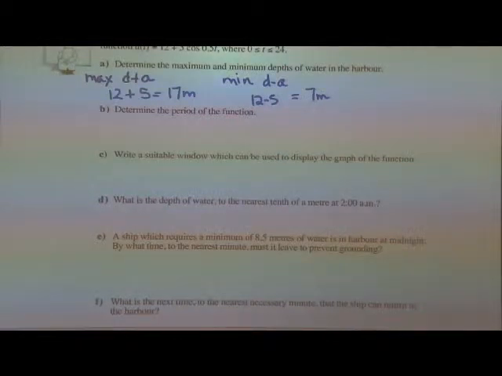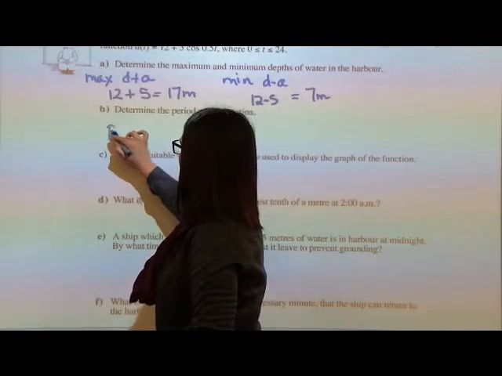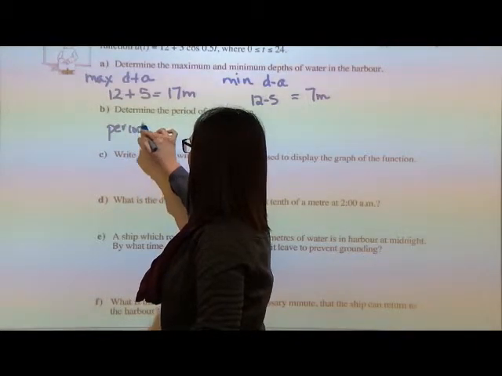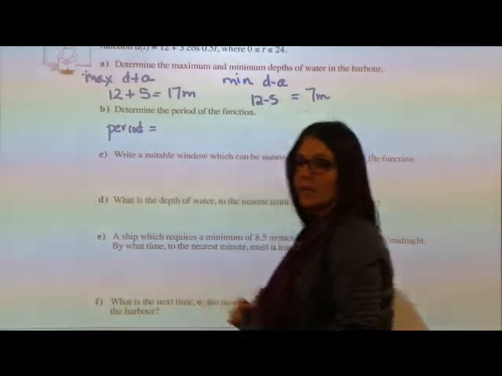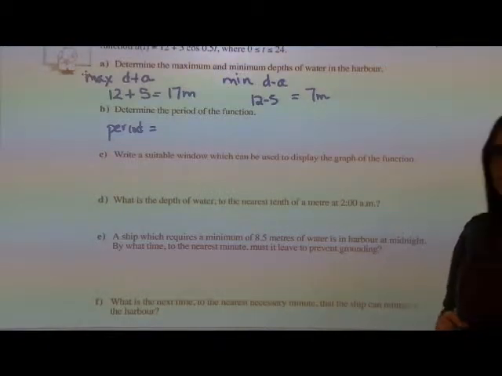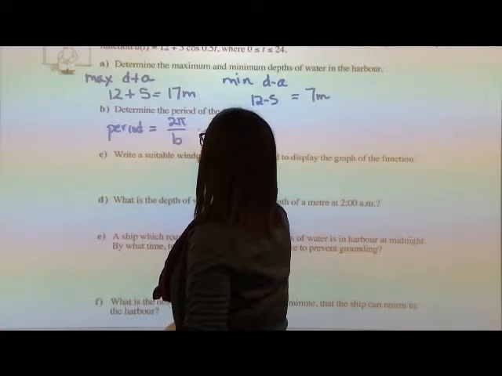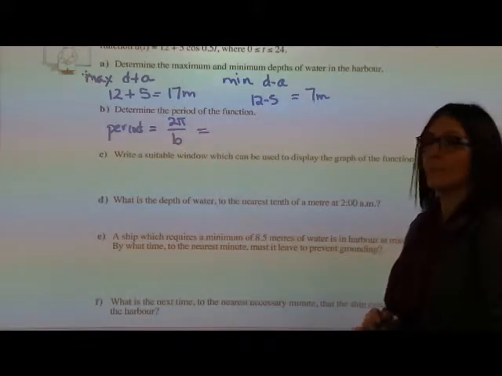So the water is going to range anywhere from 7 meters at its lowest point to 17 meters at its deepest point. Question B asks us to determine the period of the function. So how do we calculate the period? Remember how we calculated the period? 2 pi over b. And in this equation, what is the value of b?